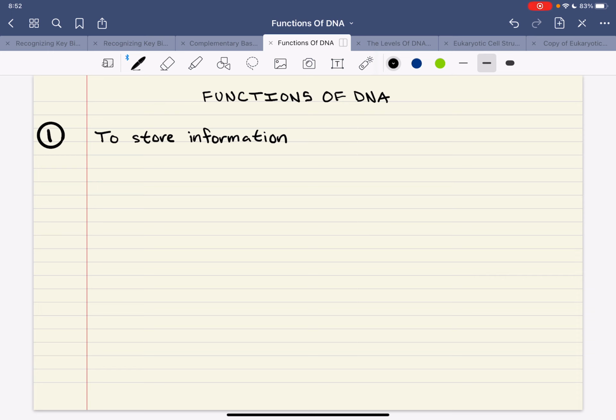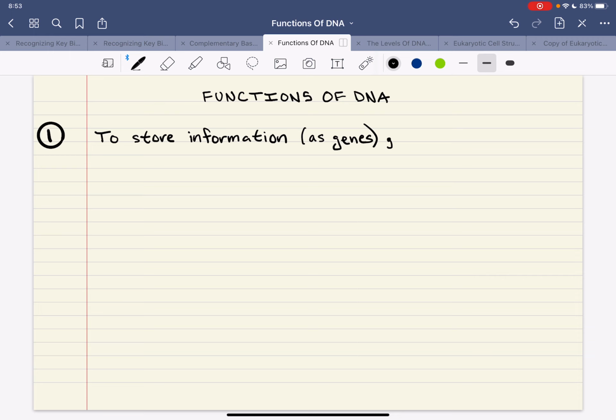They're stored as little segments of DNA called genes. And as we're going to learn, each gene holds the information for building a particular type of protein.